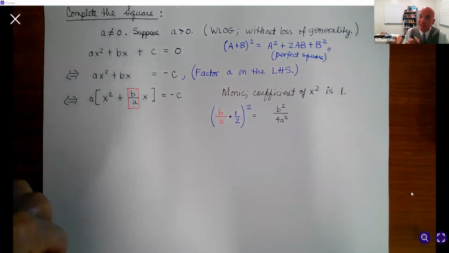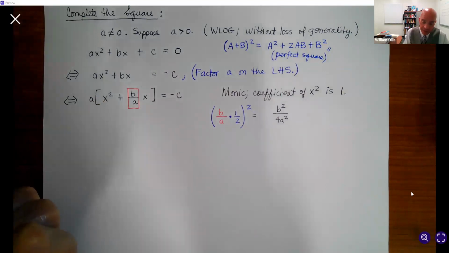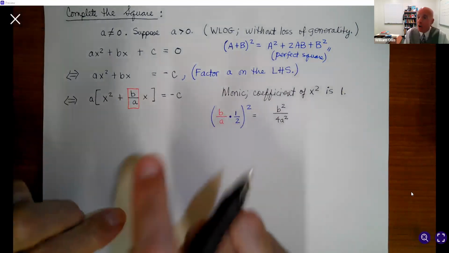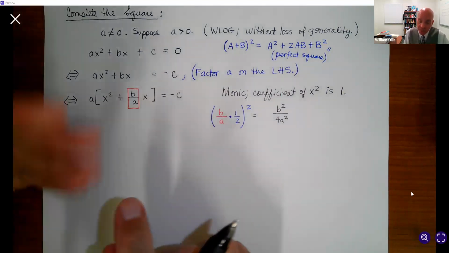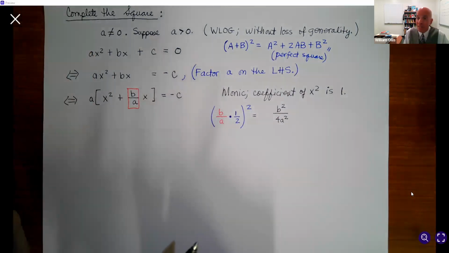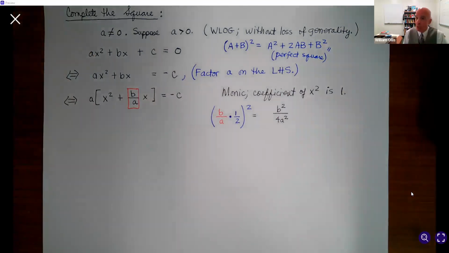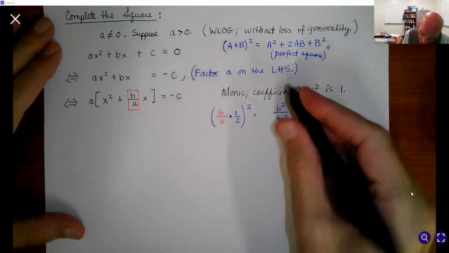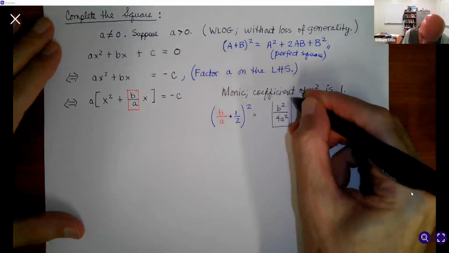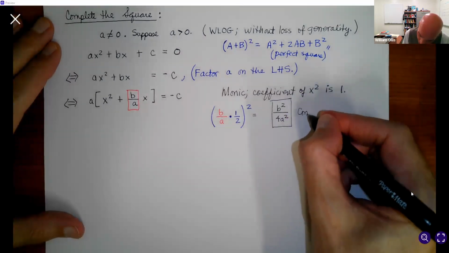But of course, if we add this number, we also need to subtract it. Now, since we're dealing with an equation, what we can do is just add the same number to both sides, and we still have an equivalent equation. So this number, as we will say, completes the square.